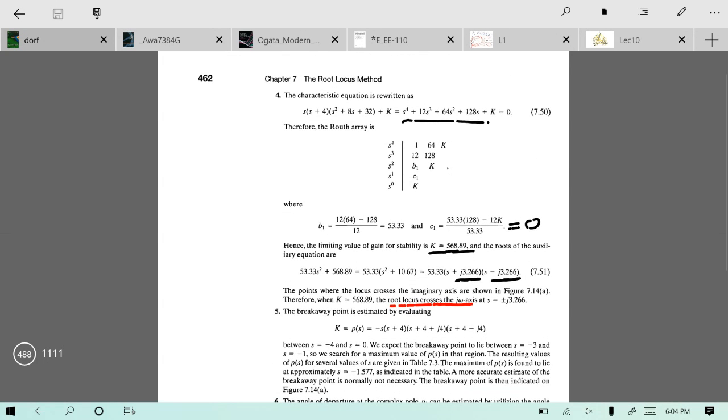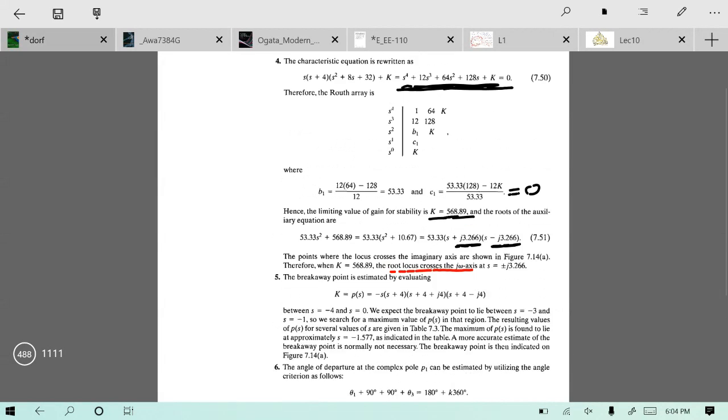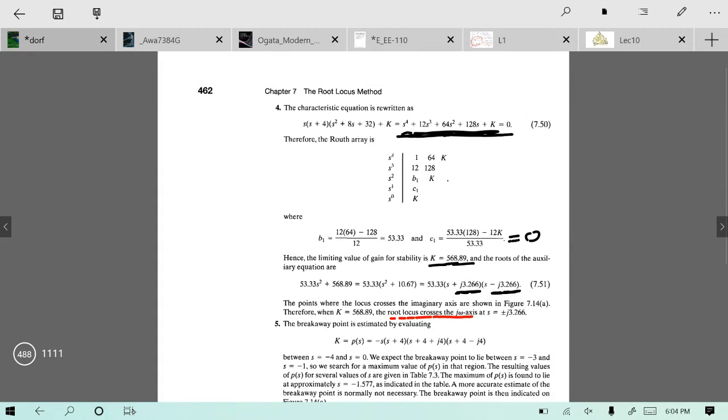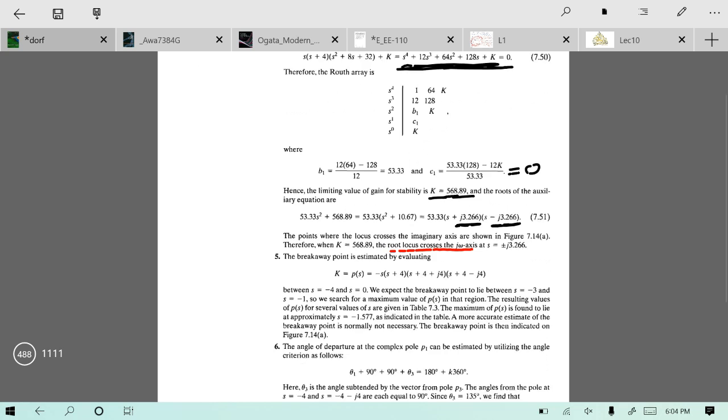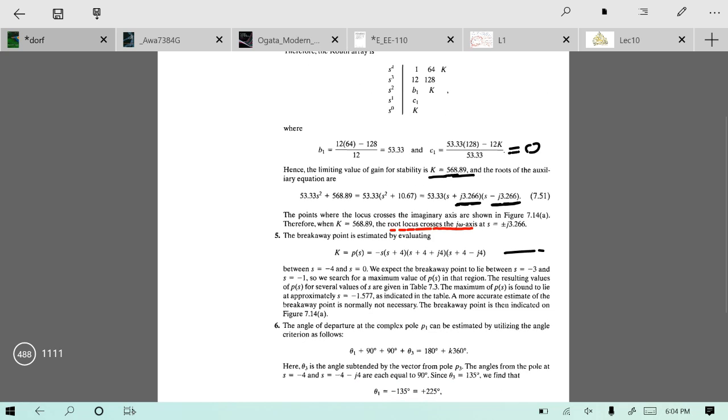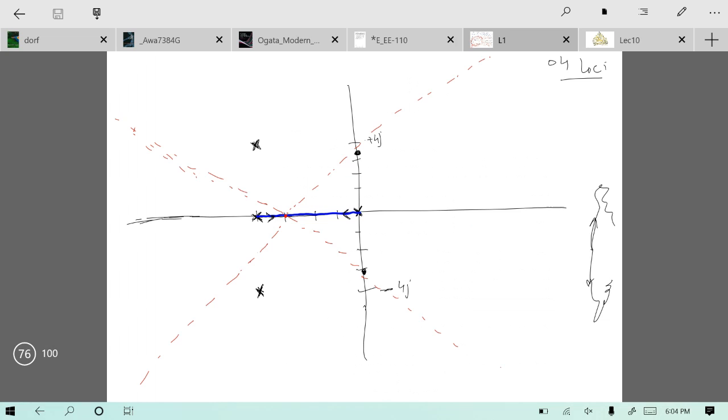If you eliminate k from this equation, k would be minus s(s+4)(s^2+...) over..., minus s^4 minus 12s cube minus 64s square, which is eventually this. Now you know that the range of s over here is 0, 1, 2, 3, 4. The point from where they will break away would be between 0 and minus 4.